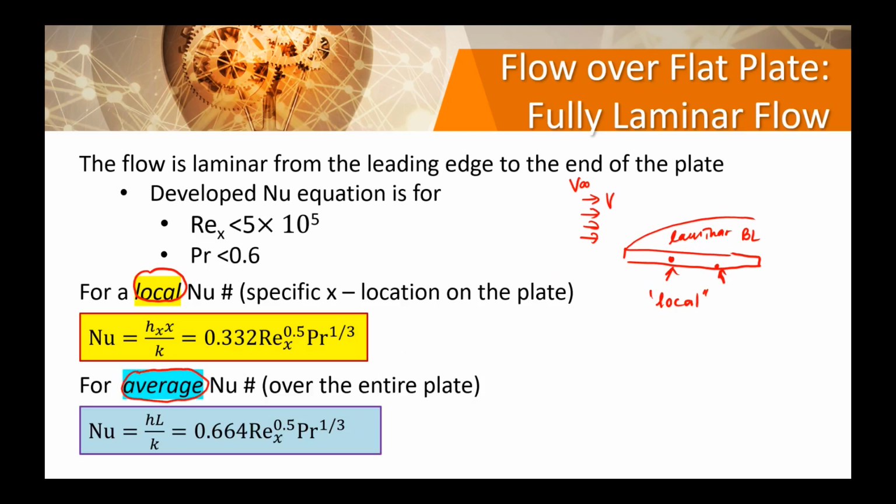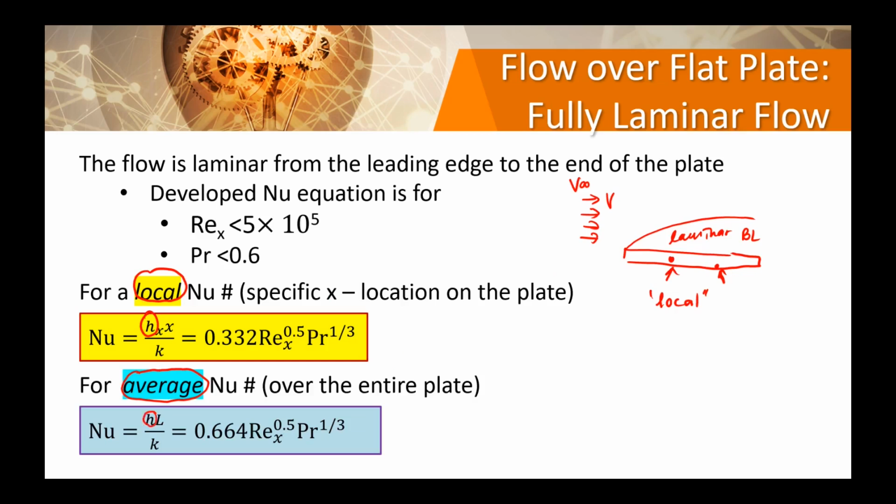You get Nusselt number, it gets you to HTC. You get HTC, it gets you to Newton's law of cooling, right? Okay, you will be able to calculate your Q dot. So either way, local or average, it will get you to H and it will get you to Q dot.